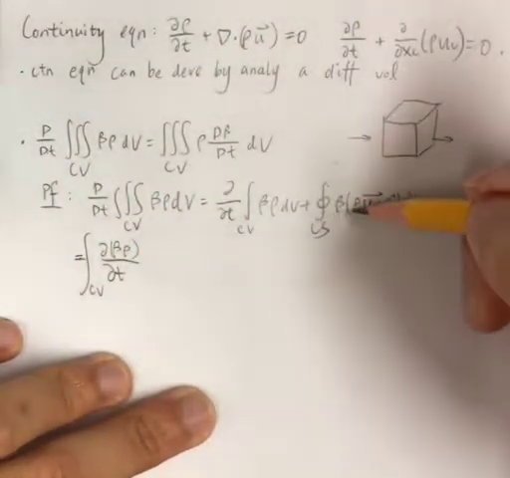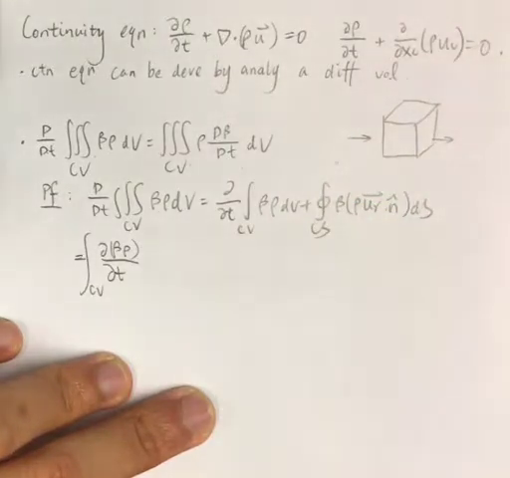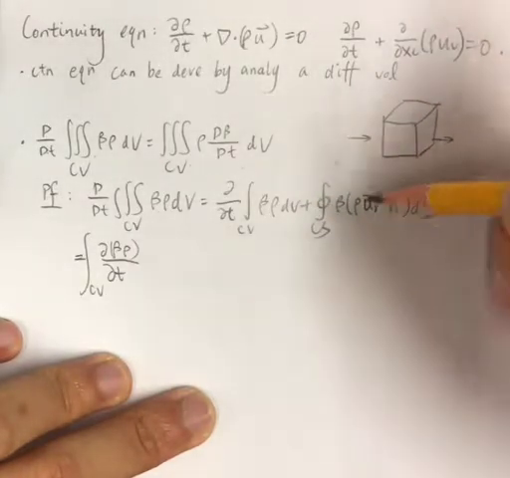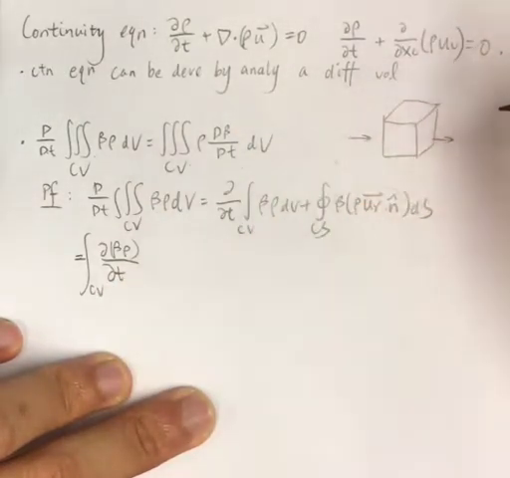And here, the closed integral on the control surface, we can do what? Use the Gauss theorem, right? To make this integral into the integral on the CV of these things' divergence. So let's do that.